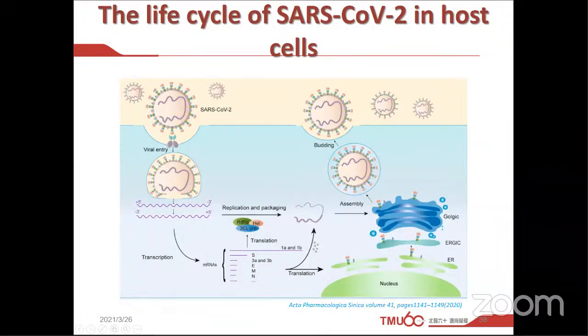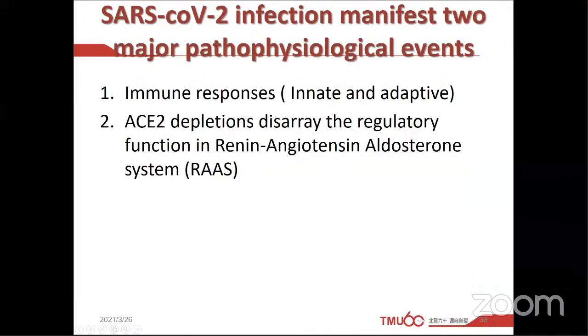Okay, we can block entrance, we can target protease in the endosome, we can manipulate or stop the transcription and the translation, and we can also block virus budding. Okay, keep that in mind. A viral infection will cause two major events leading to progression of this disease.